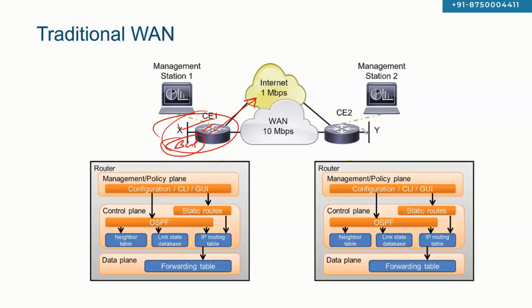And then on CE2 also you would have to go there again and make changes to the BGP configuration, and only then would you be able to modify the policy. And that's how, if you have 500 sites, you need to go to all 500 routers, and you will be making changes independently on all 500 routers.